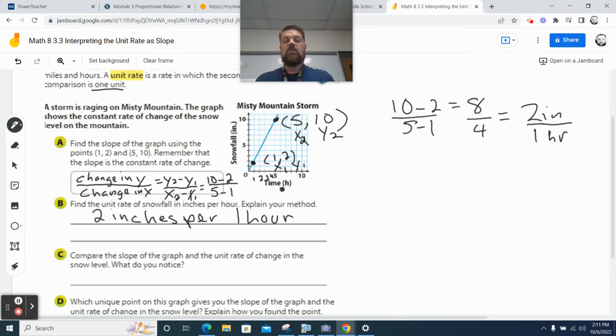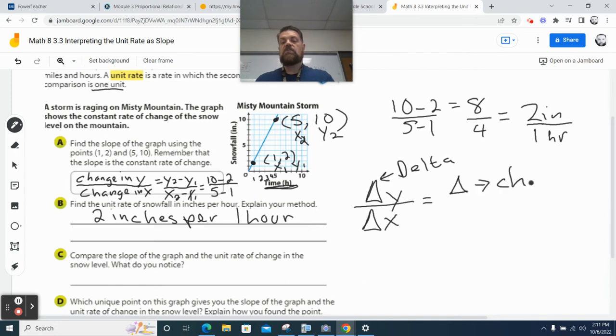How do I know that? Well, the x-axis. Another thing I want you guys to jot down in your book somewhere, Mr. Adams is going to show you guys some notation. This is called delta notation. This is the Greek letter delta. It's what our capital D is based on. And delta just means change.